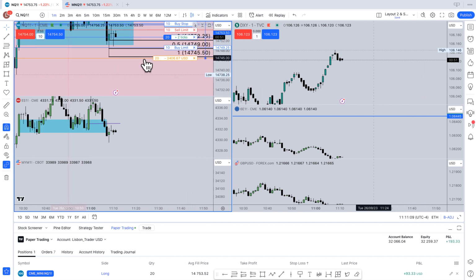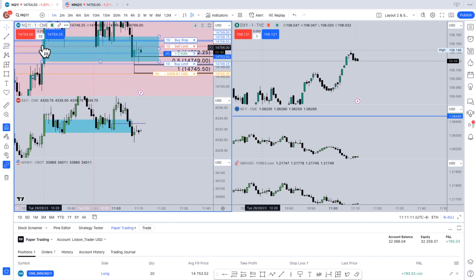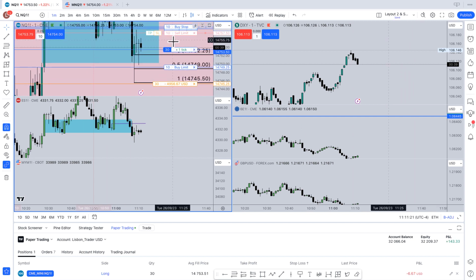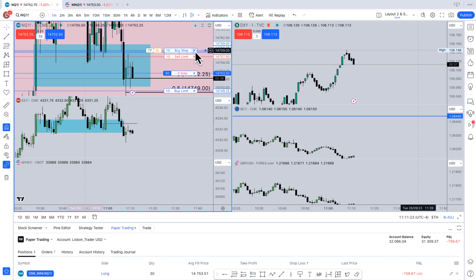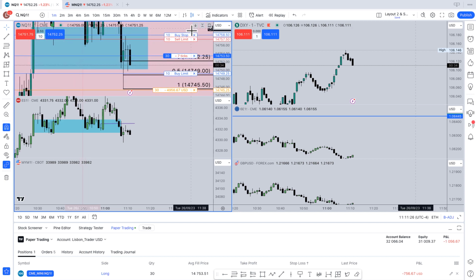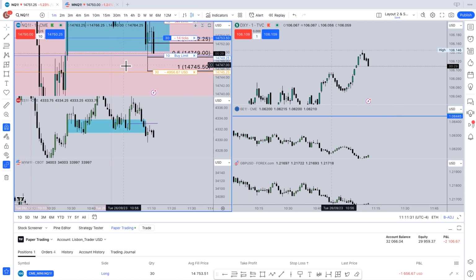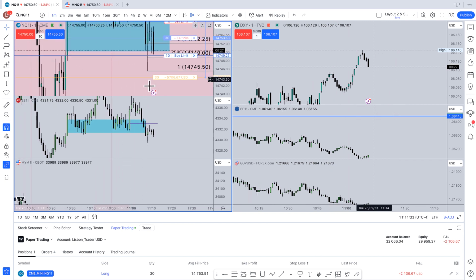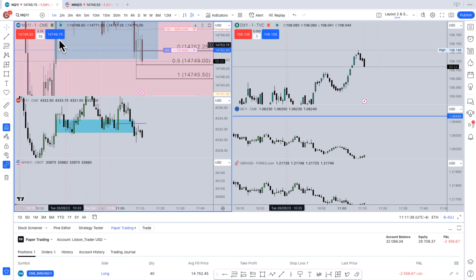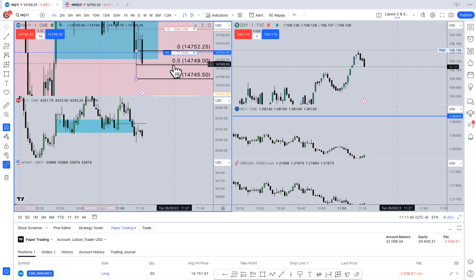Let's put a stop below this wick. I do not want to buy any more above. 5K. There. Where's the consequent encroachment? Great. So I bought it here on this consequent encroachment.